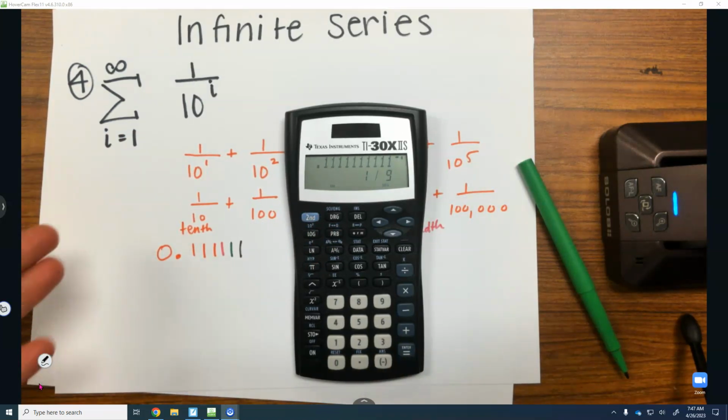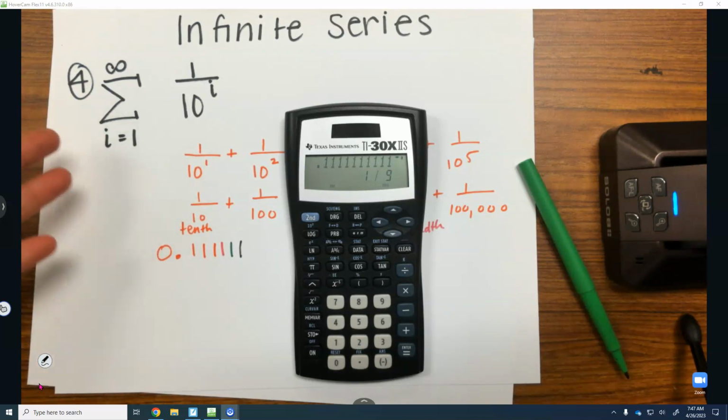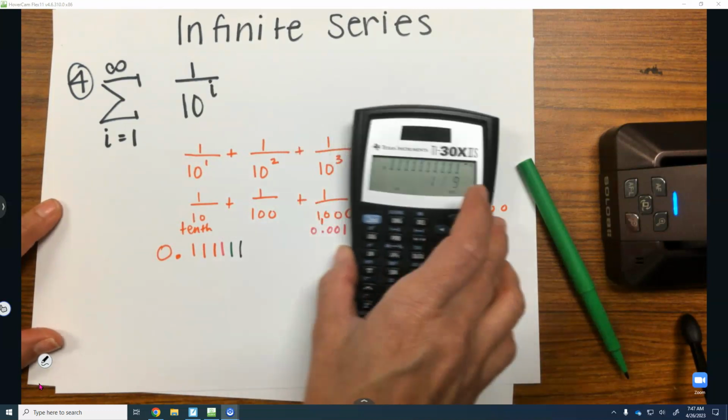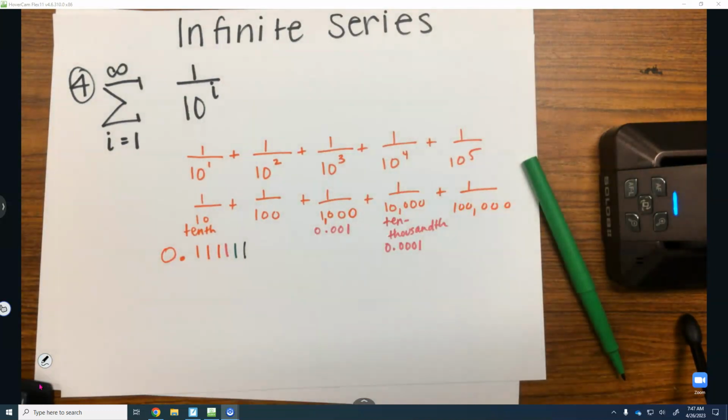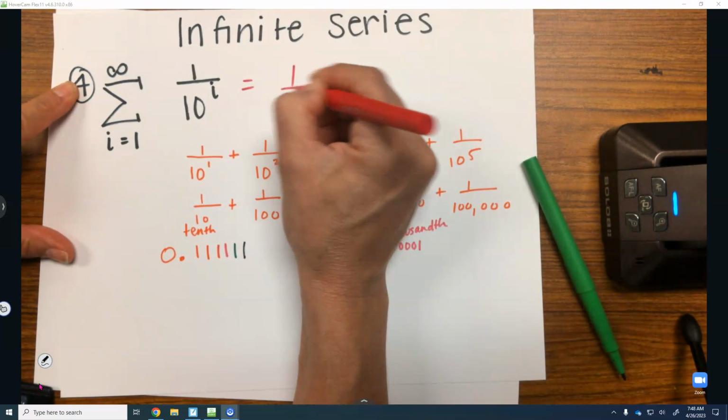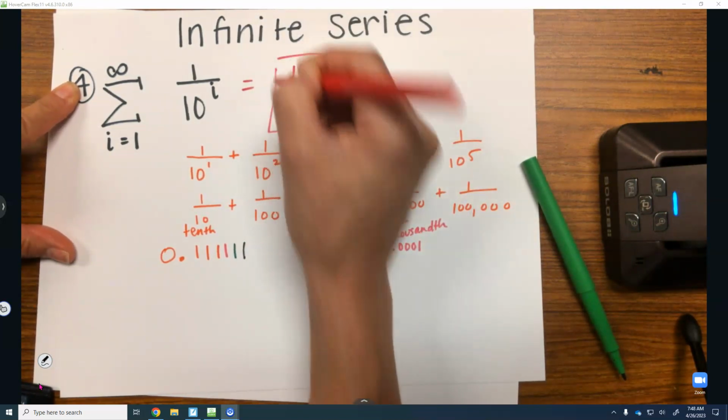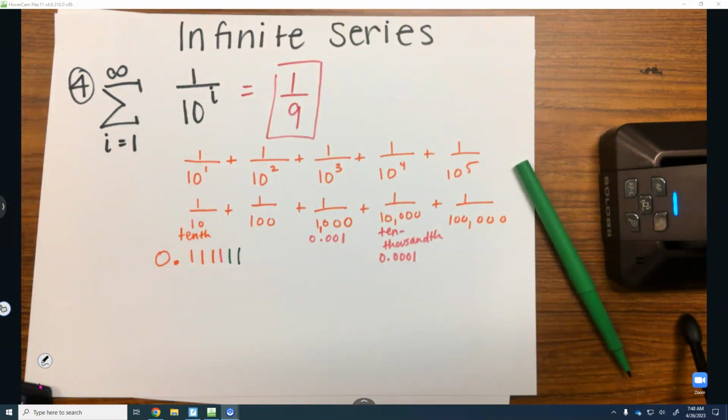So the infinite sum of this rule is 1/9, guys. That's all it is. Are there any questions on how I deciphered that?